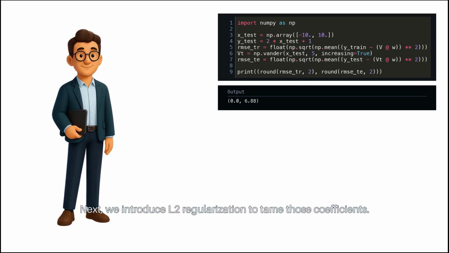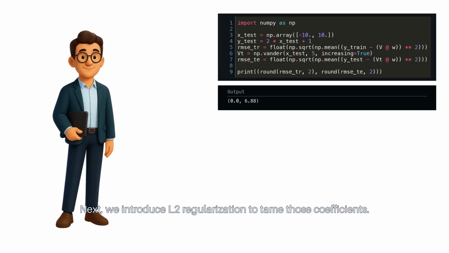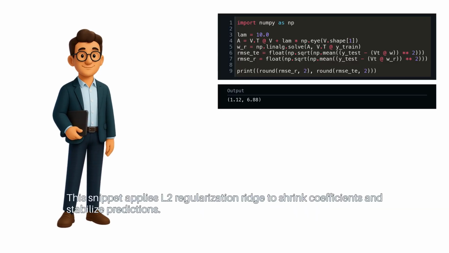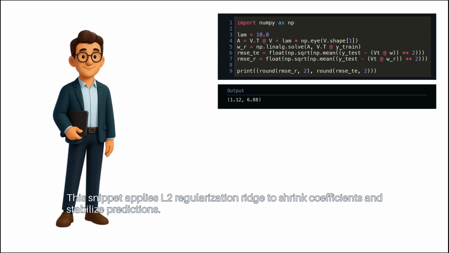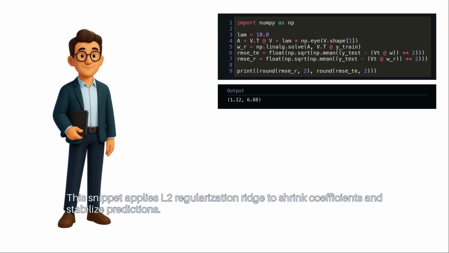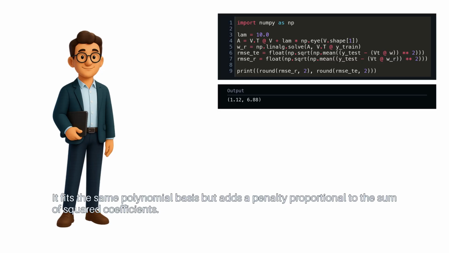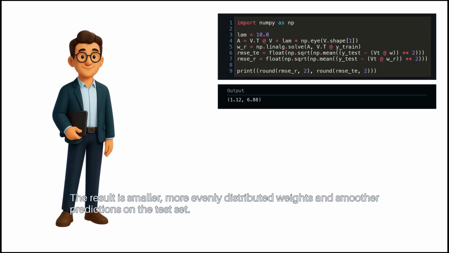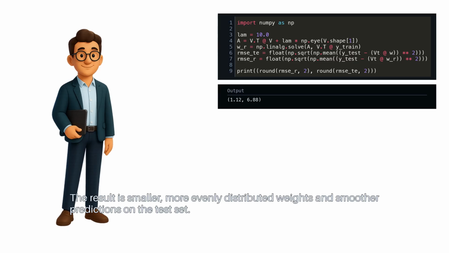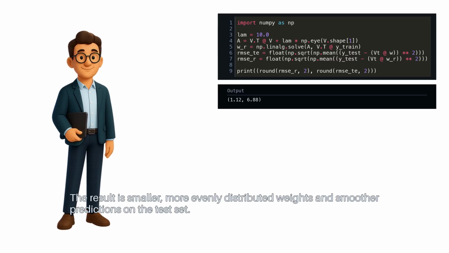Next, we introduce L2 regularization to tame those coefficients. This snippet applies L2 regularization, ridge, to shrink coefficients and stabilize predictions. It fits the same polynomial basis, but adds a penalty proportional to the sum of squared coefficients. The result is smaller, more evenly distributed weights, and smoother predictions on the test set.